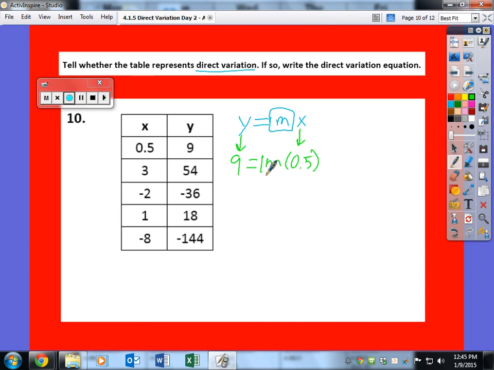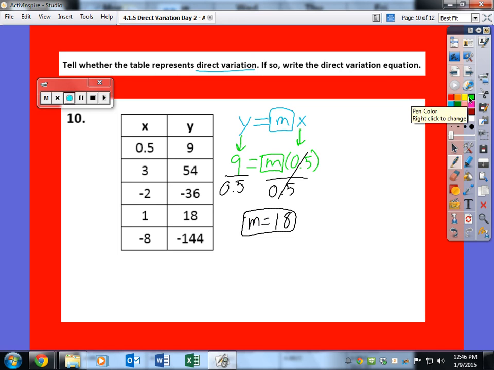Then I'd be able to solve for my constant, my slope. This is m times 0.5, so I'm dividing there to undo that. What I find out is that the value of m, my slope, is 18. 9 divided by 0.5 gives you 18. So this is my constant, or at least it should be.